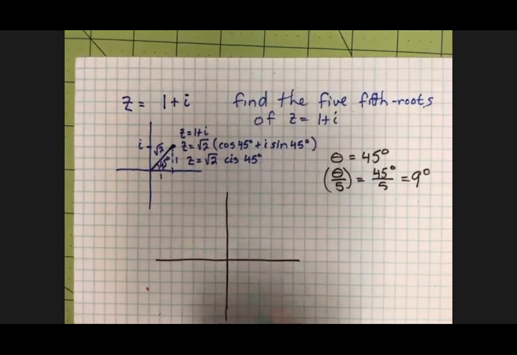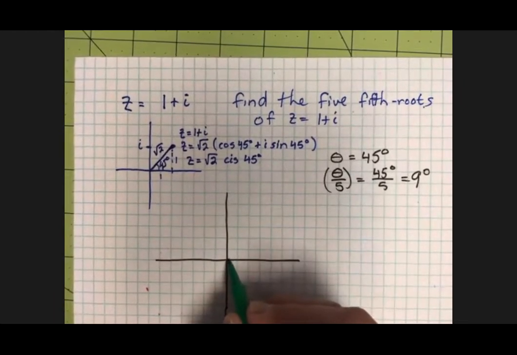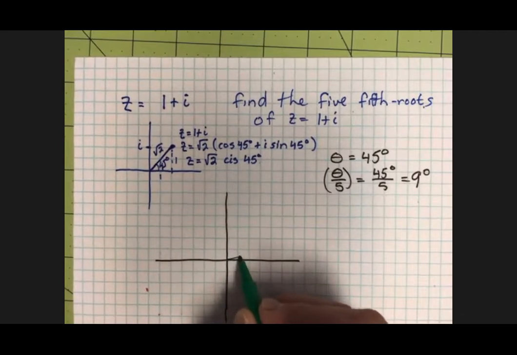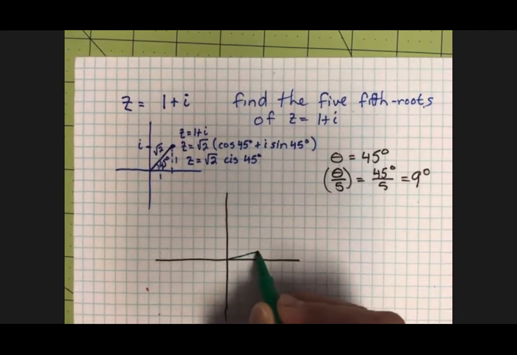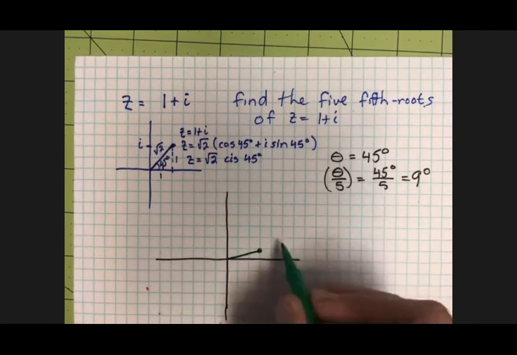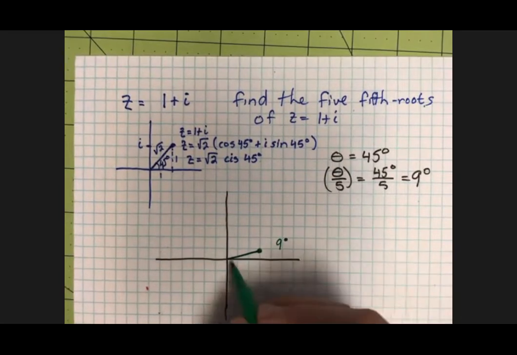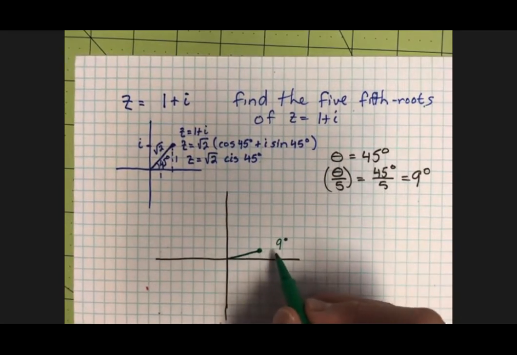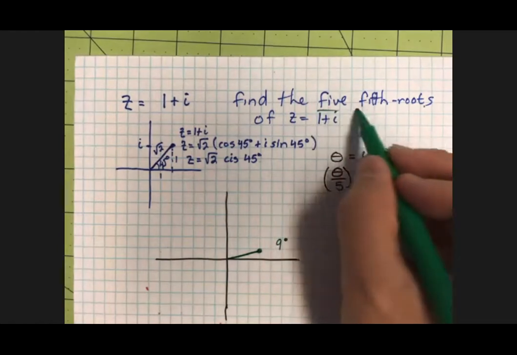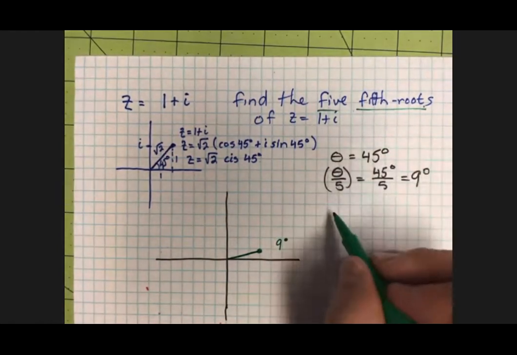I don't even know if I can draw this nicely, but let's say that angle right there represents 9 degrees. I won't tell you the length yet. But since I'm talking about the five fifth roots, what do I need now?